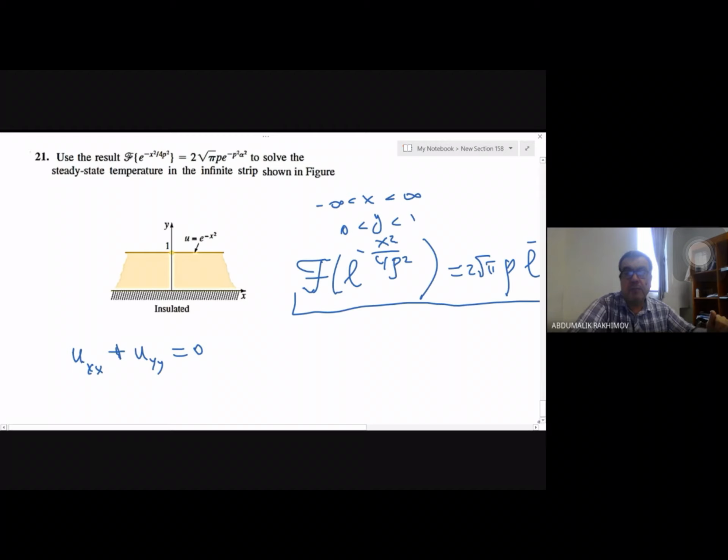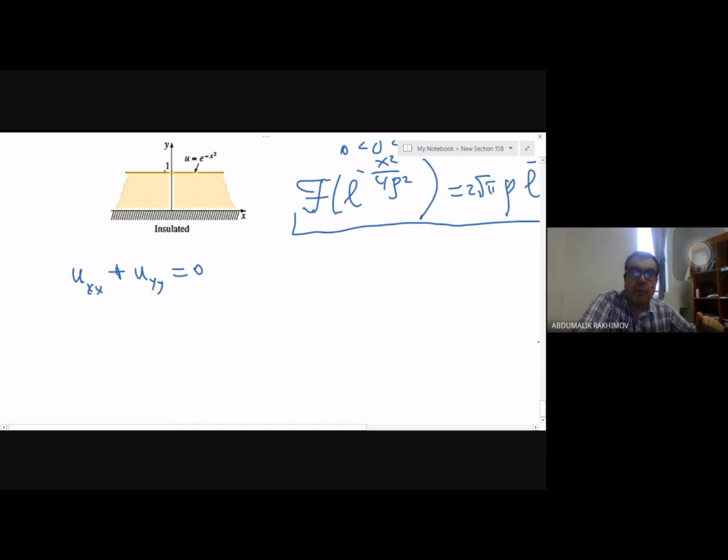So then look at this picture, what they say. We have only boundary conditions, right? They say when y is equal to 1, u is equal to exponential minus x squared. This is given. This side is insulated. Insulated means heat cannot move up or down from this line, right?